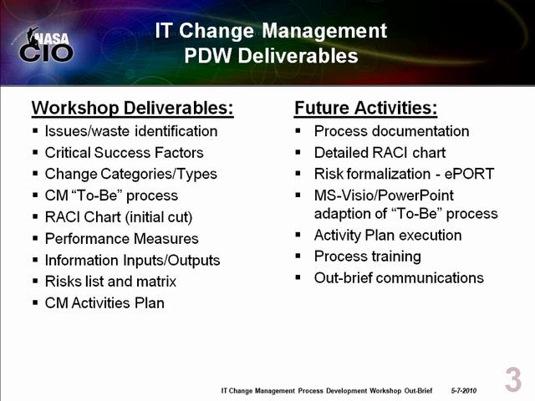We recognize that there are other systems within the agency. Building out the to-be process in Visio and PowerPoint, looking at the activity plan, building that into a real project initiative, looking at training and outbriefings to the communities. That's going to occur in multiple flavors and formats. This is just one of them.